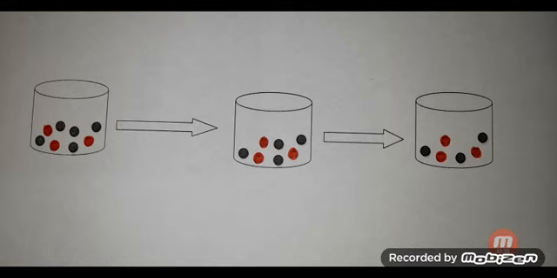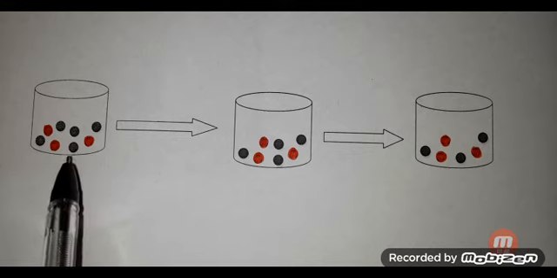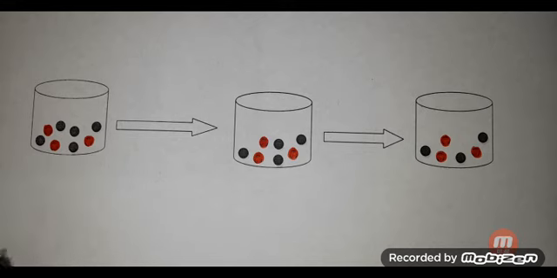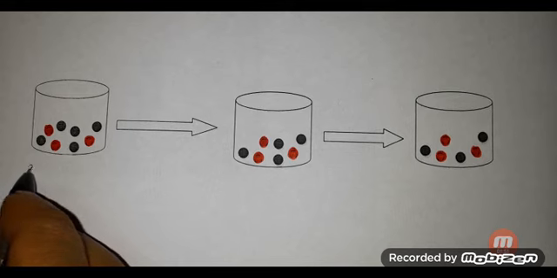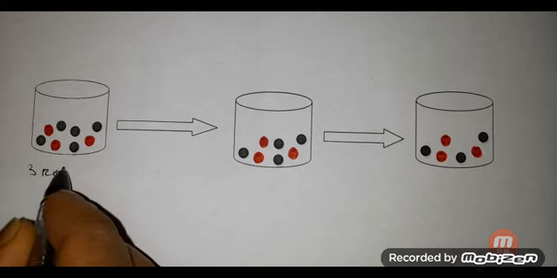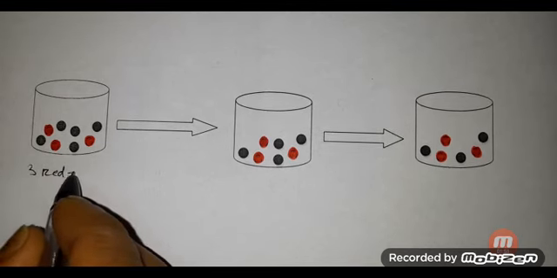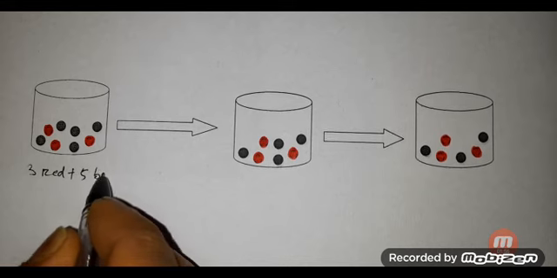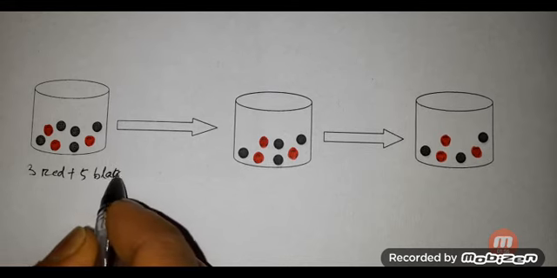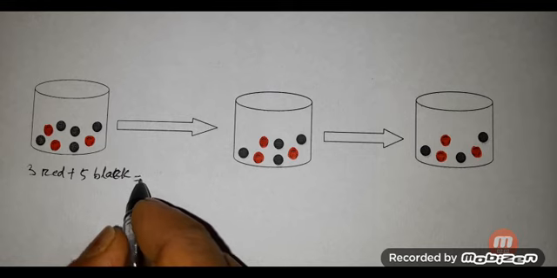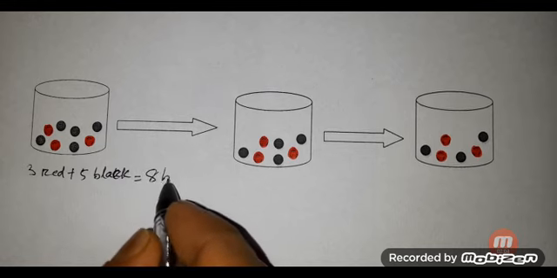Now, we explain the Bayes theorem with an example. Let a bag contain 5 black balls and 3 red balls, so 3 red plus 5 black balls is equal to 8 balls.